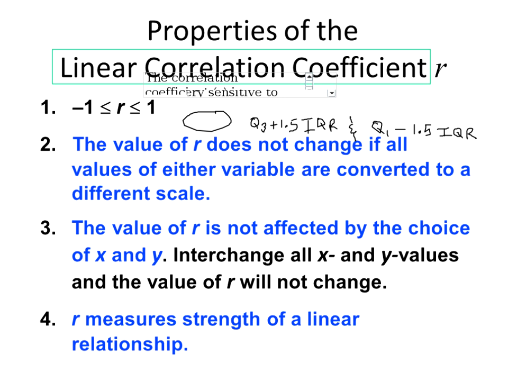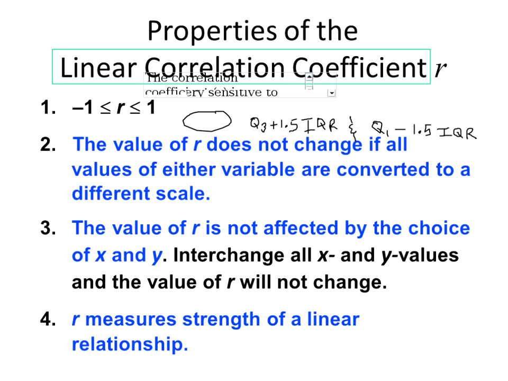Now, I was writing inside my text box, so hopefully that came out okay. It should say Q3 plus 1.5 IQR and Q1 minus 1.5 IQR. That's how you find out if you have an outlier.